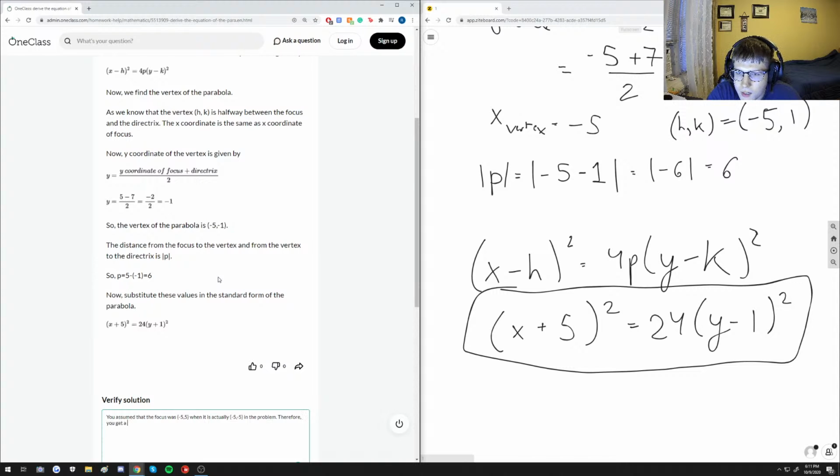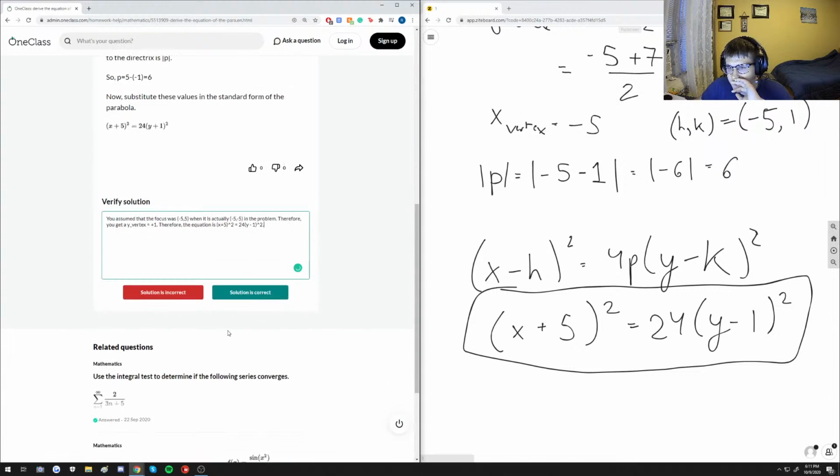Therefore, you get a y vertex equal to +1. Therefore, the equation is (x plus 5) squared is equal to 24 times (y minus 1). And that would be the correct solution. So this solution is incorrect.